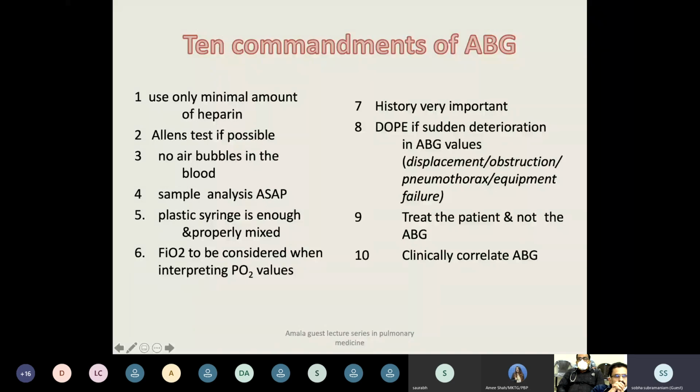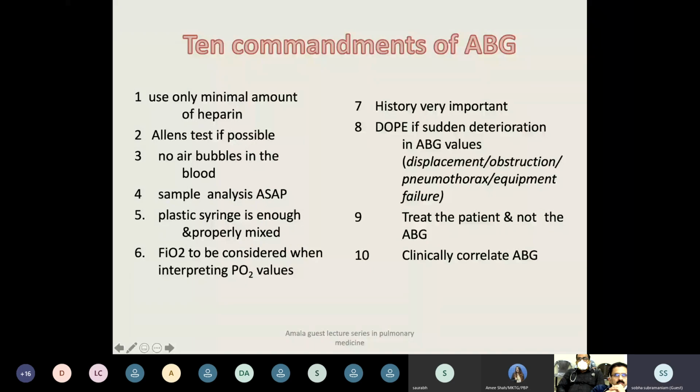Think of DOPE if sudden deterioration in the ABG, for example, displacement of the tube or obstruction of the tube, or a pneumothorax or an equipment failure may be the reason for sudden deterioration in the ABG values. Treat the patient and not the ABG. So the patient should be given the importance, not your piece of paper, and always clinically correlate the ABG.